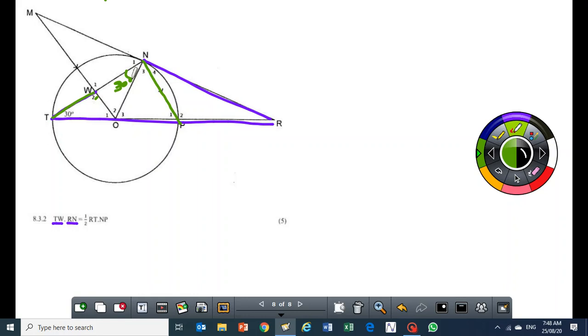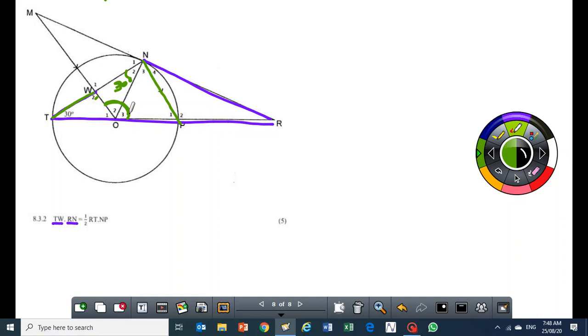We know that this is 30 from the previous question. We can find the size of this whole angle. What will be the size of angle MOR?